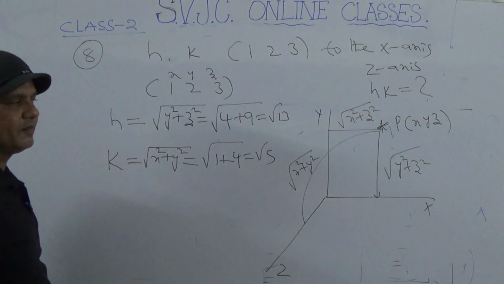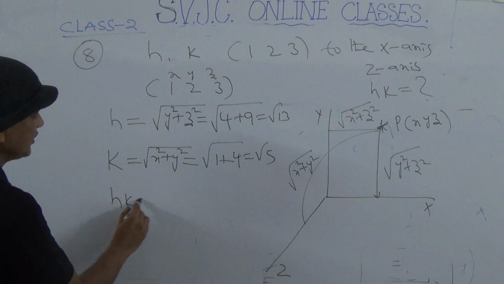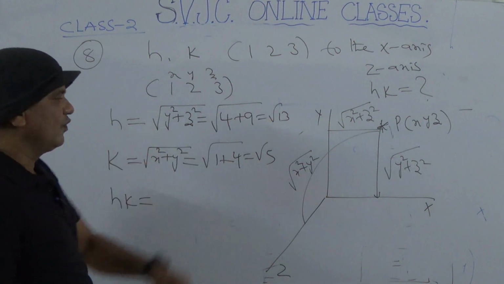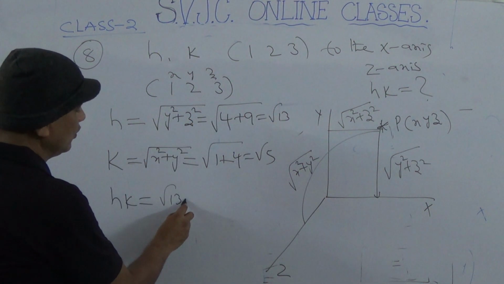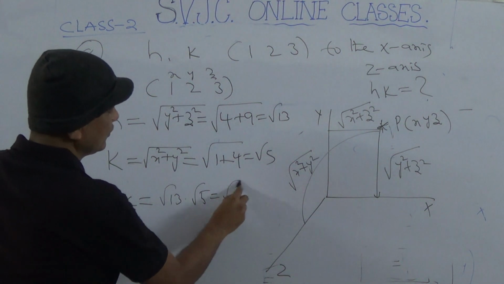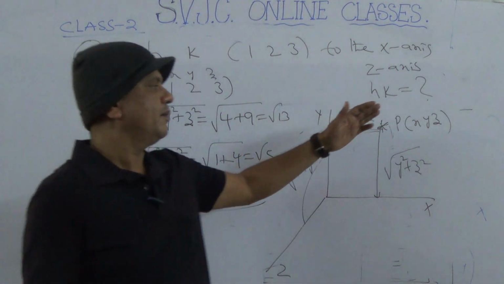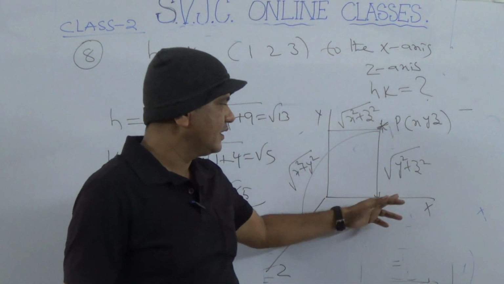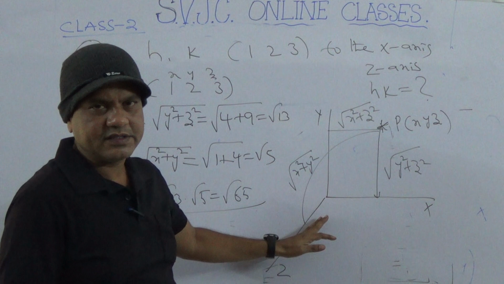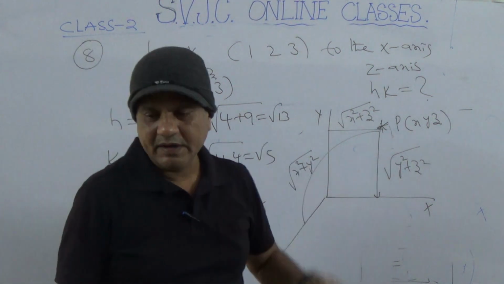Now h into k is root 13 into root 5, which is root 65. This is the final answer. Important formulas: distance of a point from the x-axis, y-axis, z-axis. Okay. Next one.